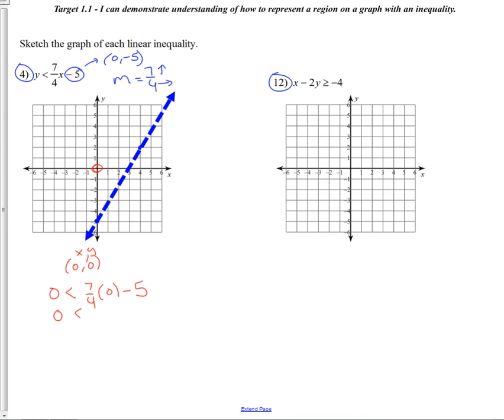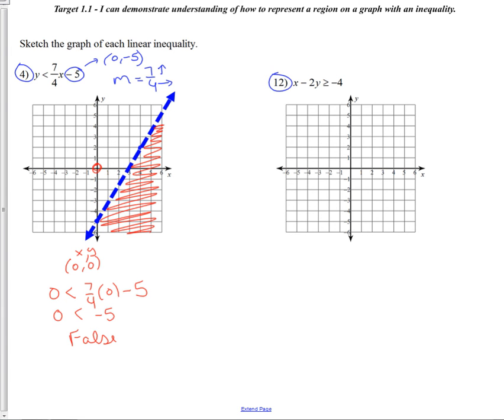So you have 0 is less than, and 7/4 times 0 is 0, -5 is -5. So the inequality states 0 is less than -5, which is false. That means that all of these over here do not work. So if 0, 0 doesn't work, that means everything on the other side of the line does work.